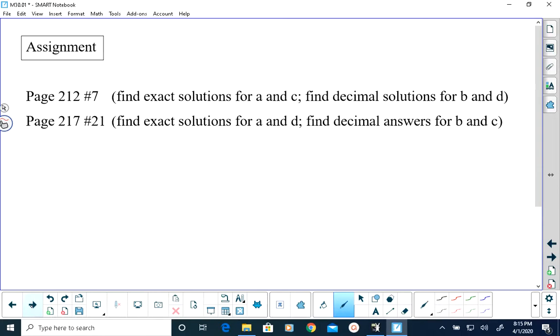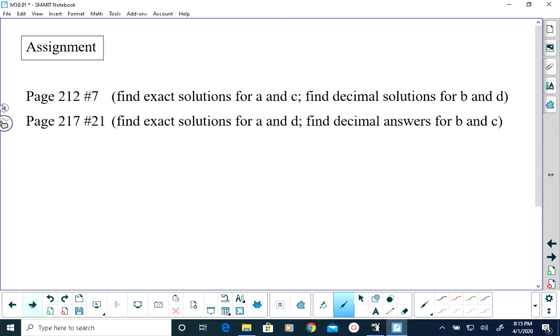So on page 212, number 7, and 217, number 21, ask you to solve the equations, and then I believe the terminology is give an exact value if possible, and if not, give a decimal approximation. Well, I'm helping you out here. I'm telling you that on page 212, 7a and 7c, you're looking for exact solutions.